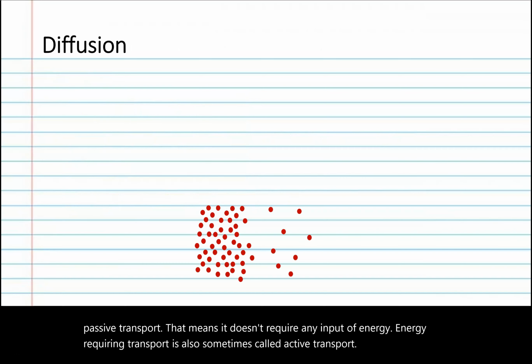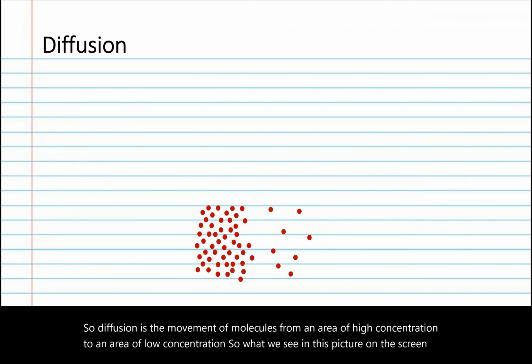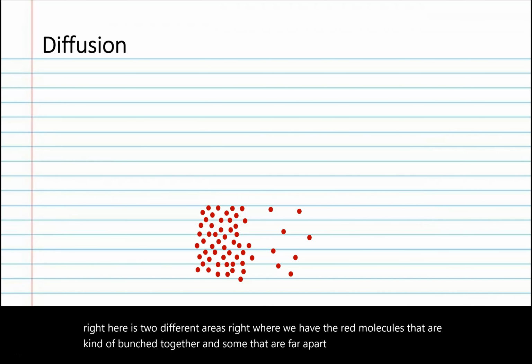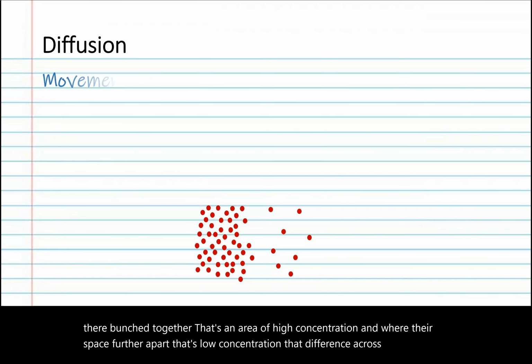So diffusion is the movement of molecules from an area of high concentration to an area of low concentration. What we see in this picture on the screen is 2 different areas, right? Where we have the red molecules that are kind of bunched together and some that are far apart. The area where they're bunched together is an area of high concentration, and when they're spaced further apart, that's low concentration. That difference across space is called a gradient.